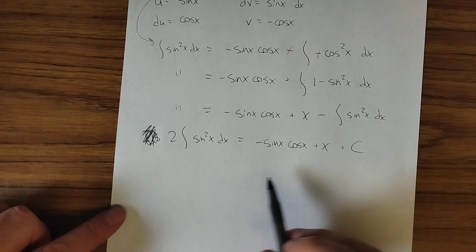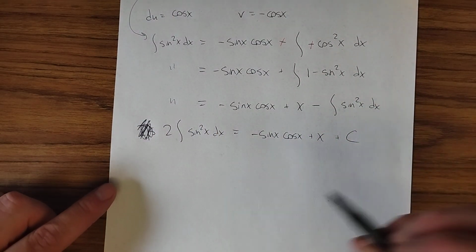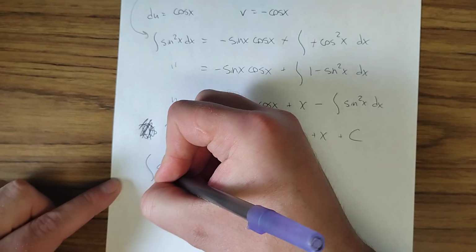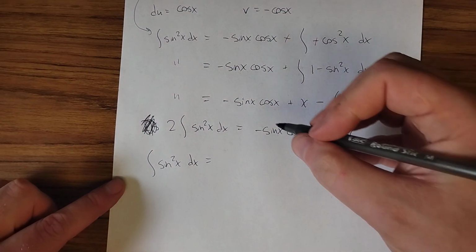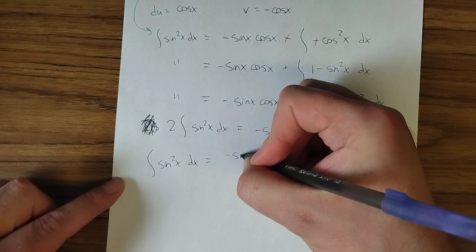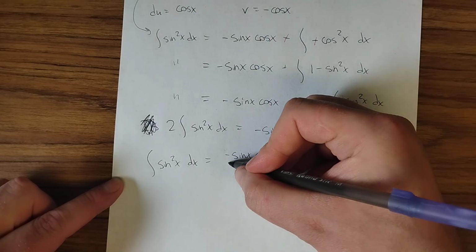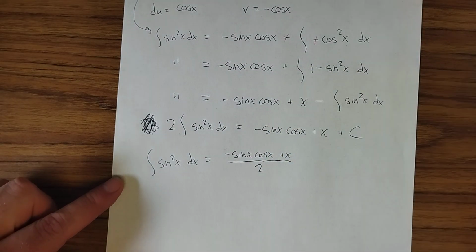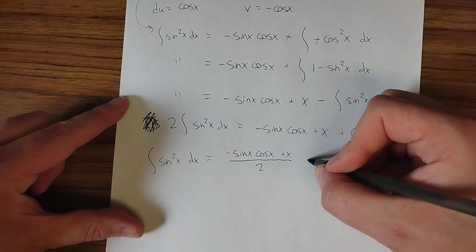And let me write plus c because I have all my integrals on the left, and then I will divide by 2. And then let me do the same thing I did last time, where instead of c over 2, I'll write d.